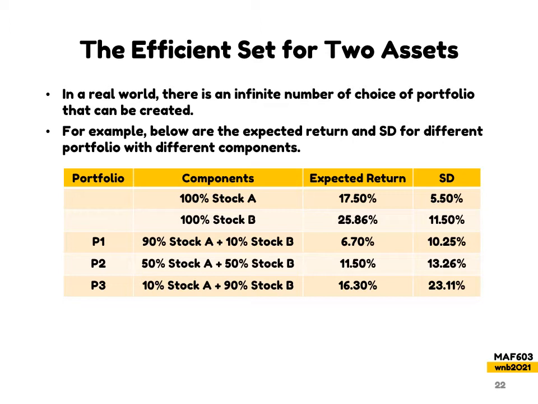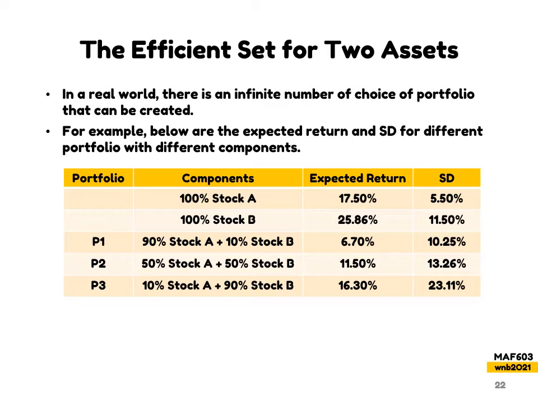First choice, I have 100% of my money invested in stock A. This one is not a portfolio since we only invest in one stock. Another one, here we have 100% of money invested in stock B. This is the expected return and standard deviation.